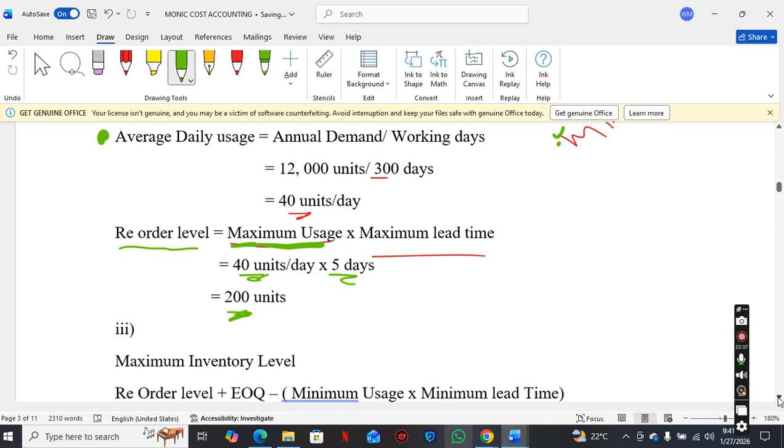You have to place that order, yes. In reality, maybe if you're on 210, 220, then you know that I have to order now. You don't wait until it reaches 200 exact. Any other question before we go?